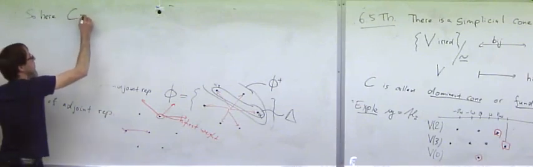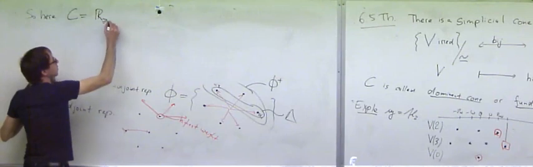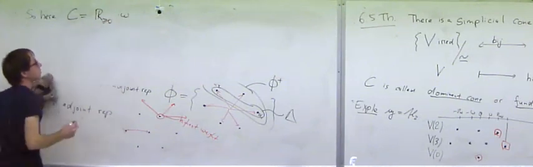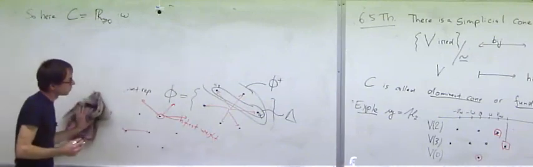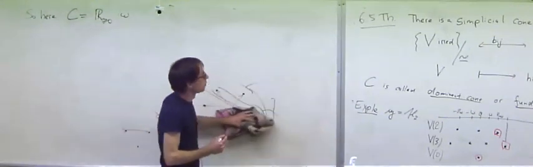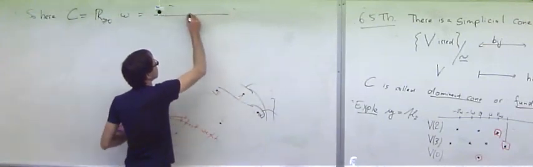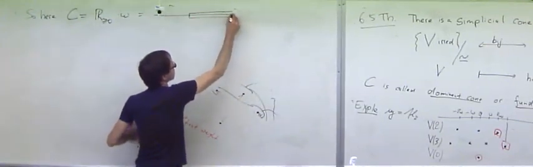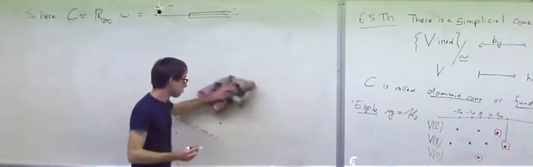Take C to be this cone, positive real numbers times omega. So this is in our picture just the positive half axis.